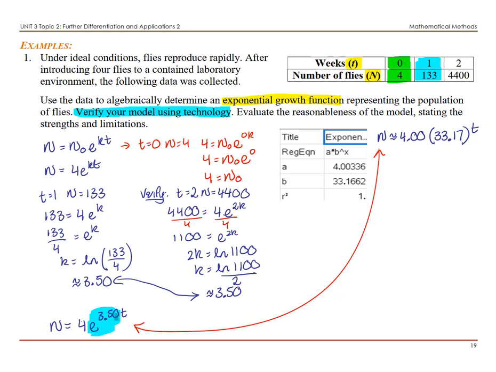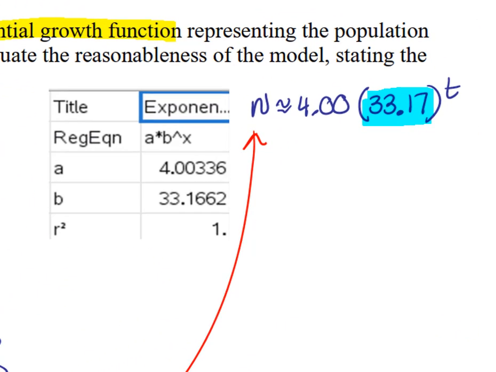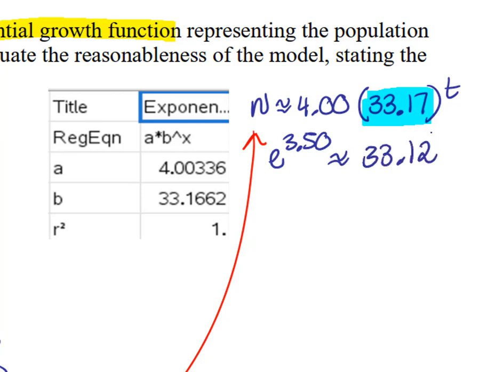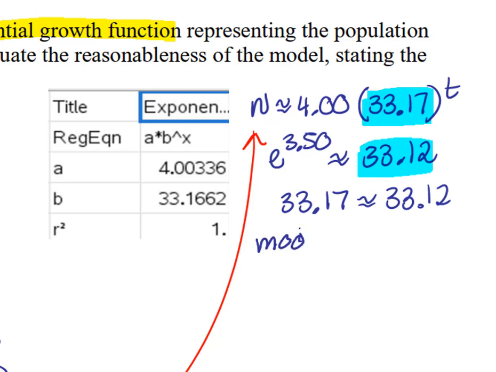So we need to grab that e to the 3.50 and compare it to that B. So e to the 3.50 is approximately 33.12. Comparing those two values, 33.17 is approximately the same as 33.12, so the model is verified.